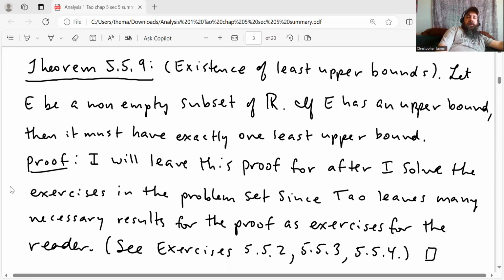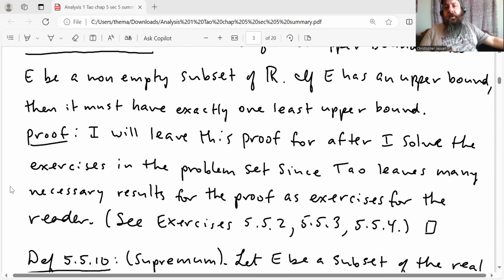Now, Tao does prove this in the book, but I'm going to leave it to the exercise set video, and that's because in Tao's proof he relies on a bunch of lemmas that he actually asks the reader to prove in the exercise set. So that's exercises 5.5.2, 5.5.3, 5.5.4.